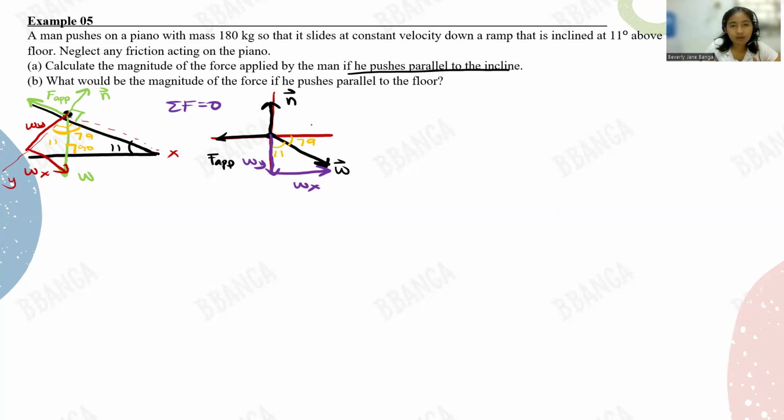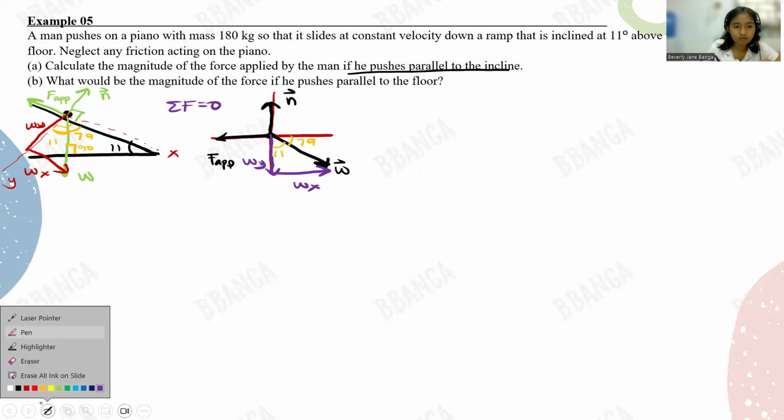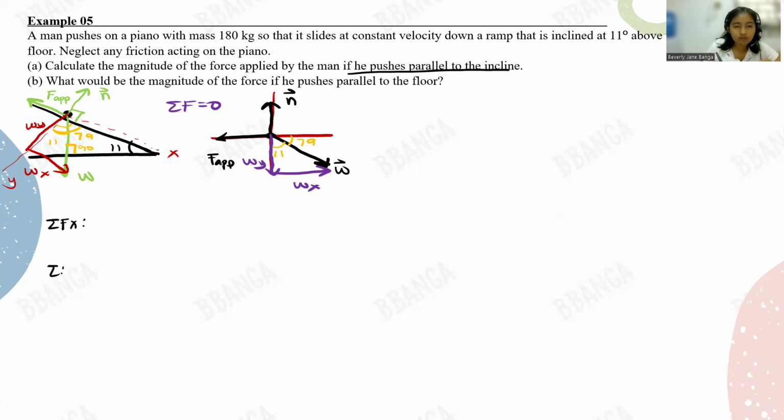So, tapos na tayo kay FBD, the next step is to write our summation of forces. Okay. So, summation of force along X and summation of force along Y. Yung X natin, meron tayo F applied, tsaka meron tayong Wx.